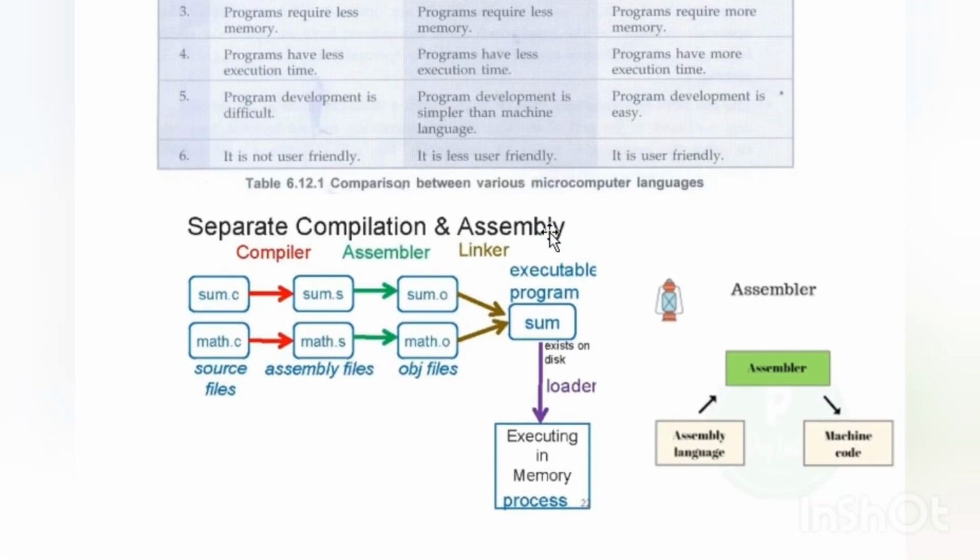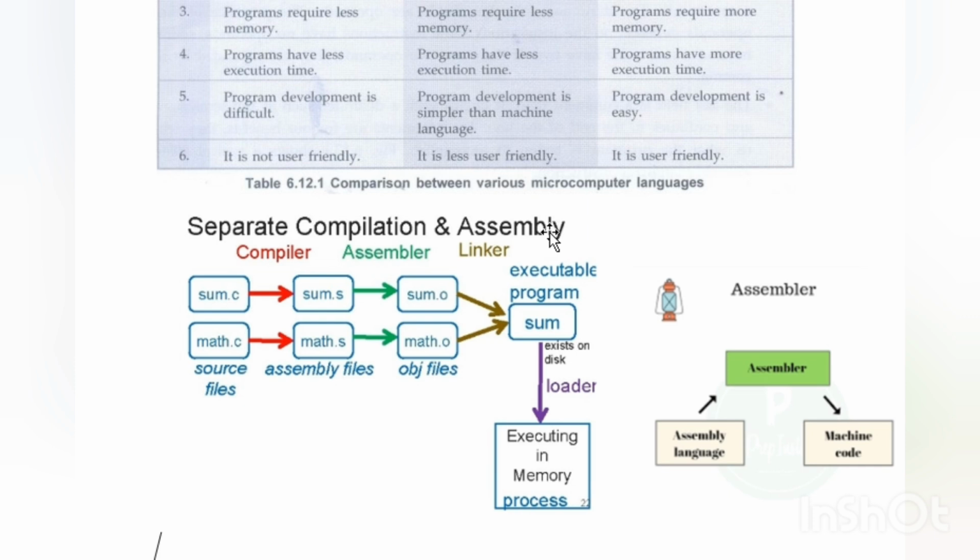So this is the crux of what a compiler, assembler, linker, and loader are. Compiler is used to translate source files into assembly files, and assembler is used to translate assembly files into object files. Linker is used to connect object files and perform the operation and run executable code, whereas a loader is used to load the necessary files and libraries into the program.